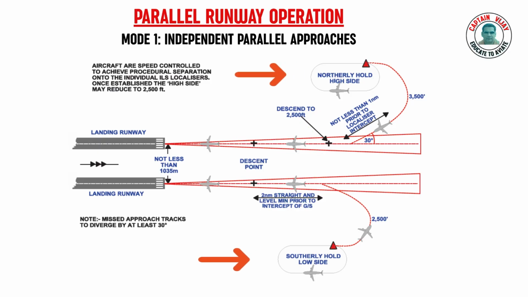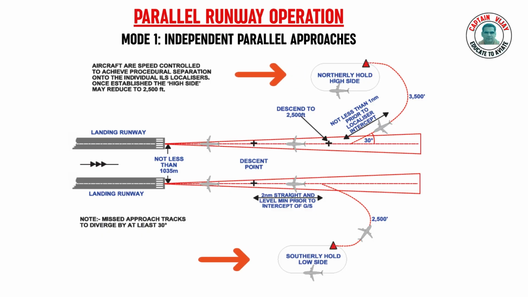Each pair of parallel approaches will have a high side and a low side to provide vertical separation until aircraft are established inbound on the respective ILS localizer course. The high side will be 1000 feet above the low side.